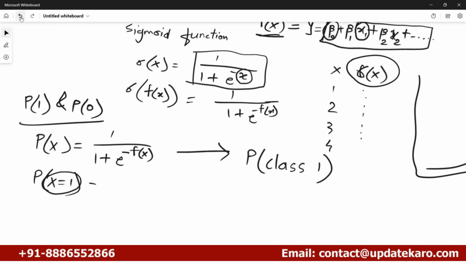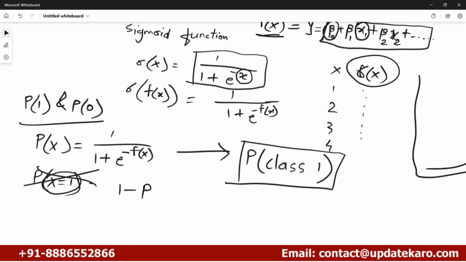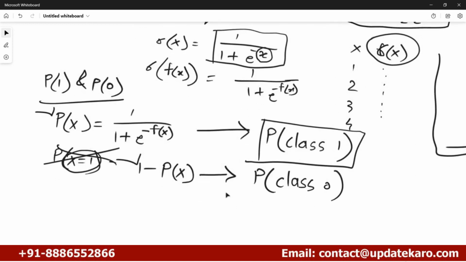So forget about this, because it is not possible to write the probability in the continuous manner like this. Here you can see that 1 minus the probability of x is going to be the probability of the other class. So you can simply use this.